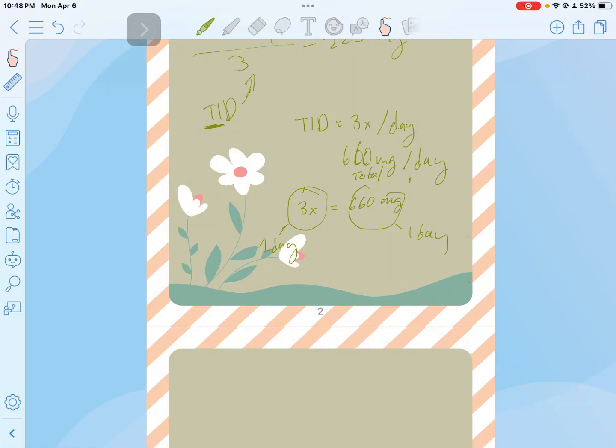When 2 things represent the same thing, you don't really need them there because they represent the same thing. So then you could just do divide by 3 equals X, which is 220 milligrams. That's another way you could look at it. But yeah.